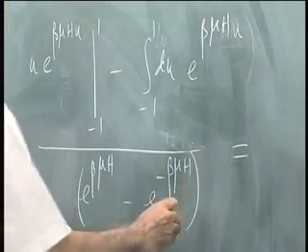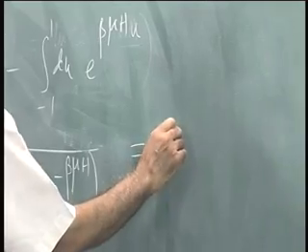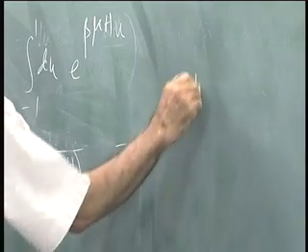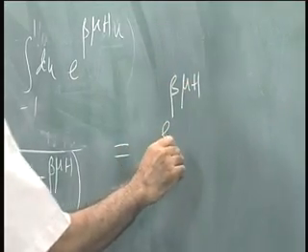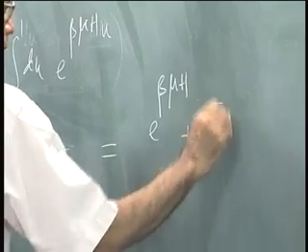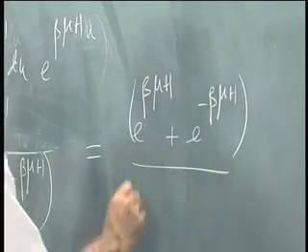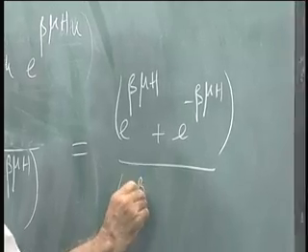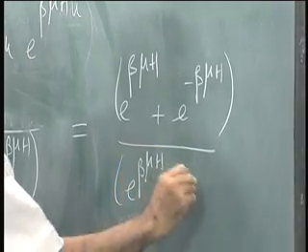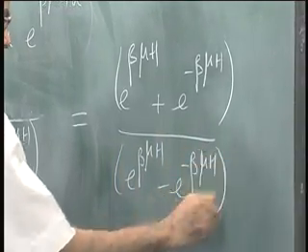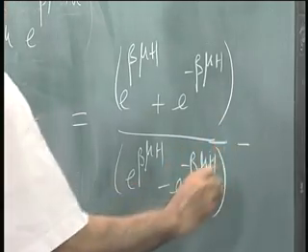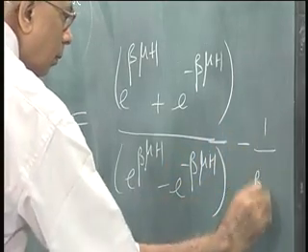This is equal to e to the beta mu h plus e to the minus beta mu h, over e to the beta mu h minus e to the minus beta mu h, minus 1 over beta mu h.